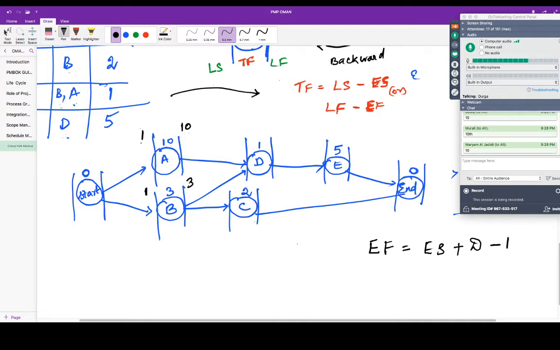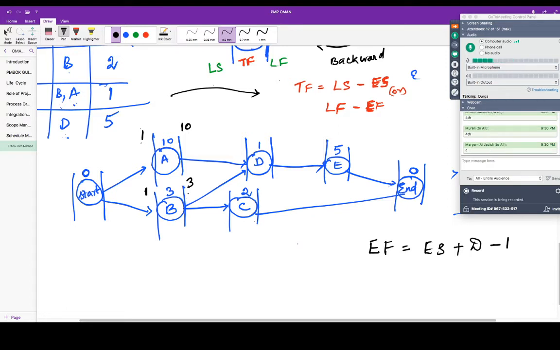Now let us talk about the next activity, activity C. How early can you start C? On the 4th, that is the next day.